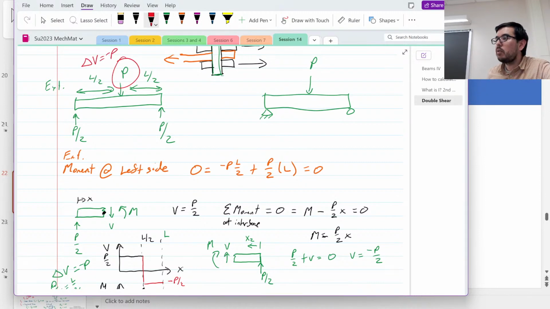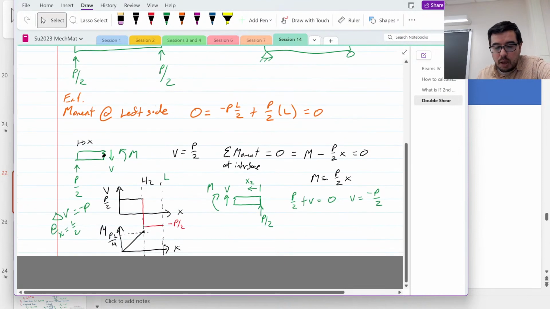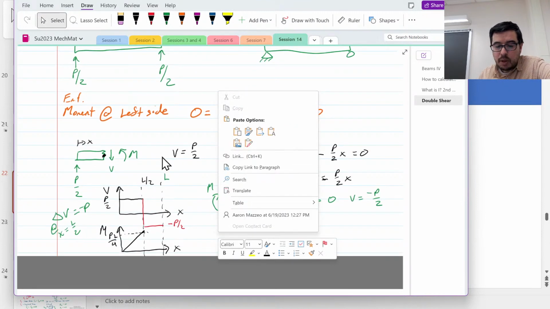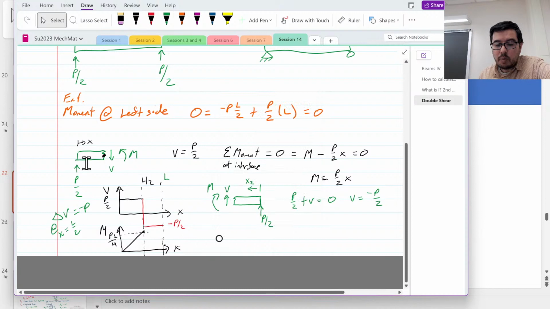Like that. Okay, so that lines up. We're showing you could do it two ways. One, you just know that this is a flat line, and then boom, it drops, and it's still a flat line. Or you do this with equilibrium. Either way.